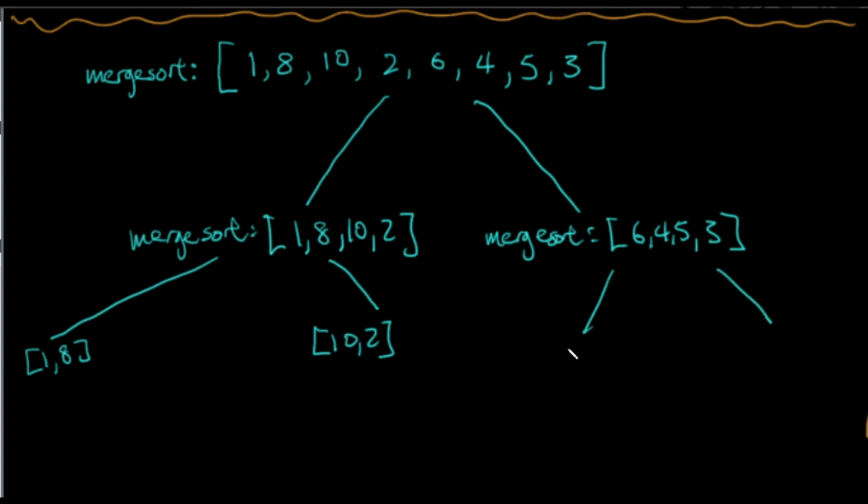I'm going to do the same thing here. 6 and 4. These are all merge sort calls. I just wanted to save space and not write them. And then these are going to split themselves in half. Sorry about that. And they're going to call merge sort on these length 1 arrays.